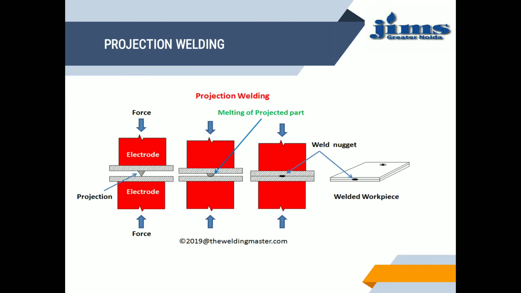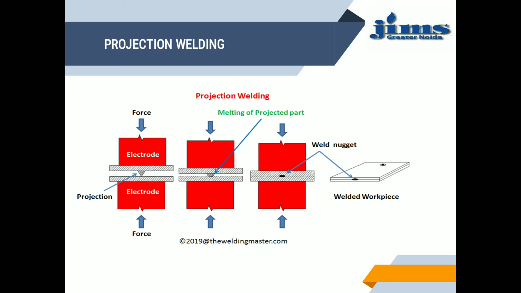Next comes projection welding. The diagrams clearly represent that we are projecting at different points. It is the developed form of spot welding in which different spots are produced, and welding takes place at previously located points, providing projections at desired locations on the surface of one of the workpieces.